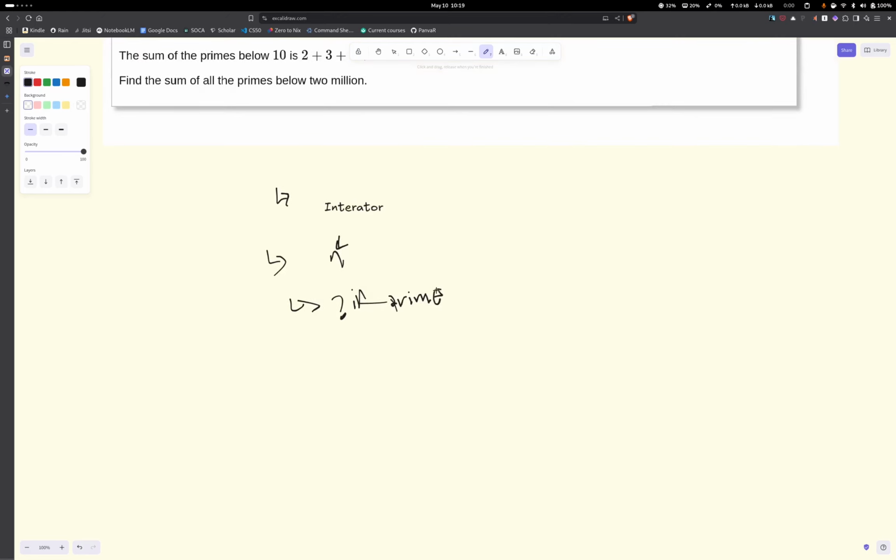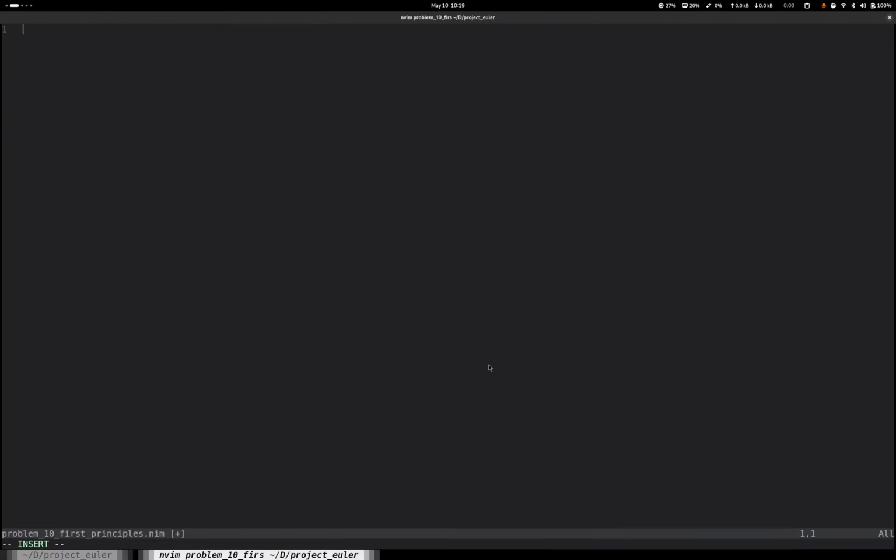I typed and then I scribbled, I'm doing both. Step 4 is to just, if it's a prime, add it to a final sum. Fairly simple.